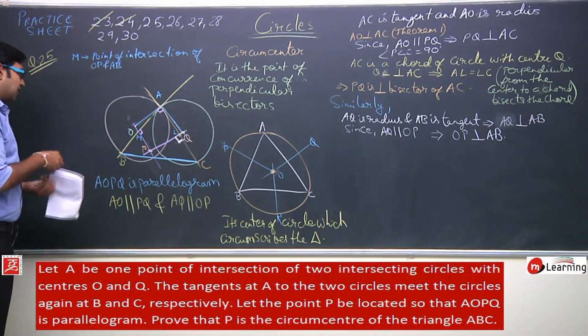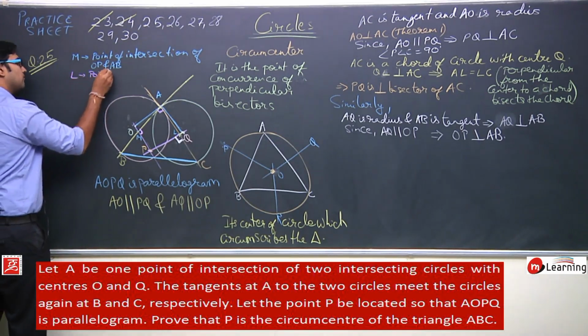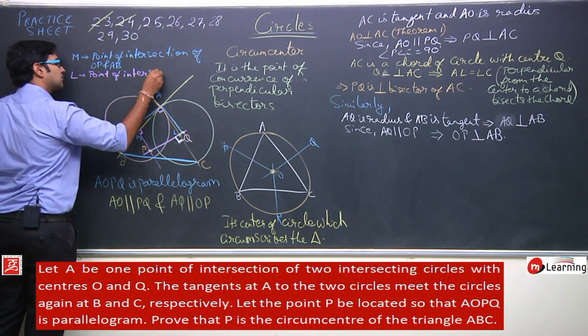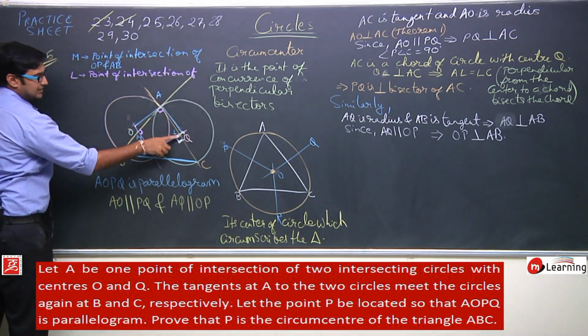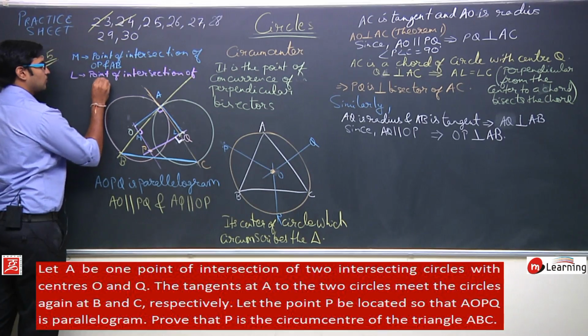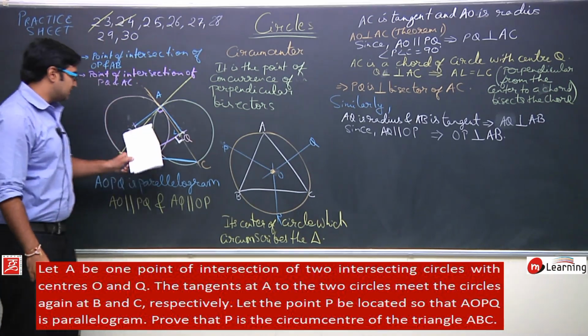And L is the point of intersection of AC and PQ. This is L and this is M.